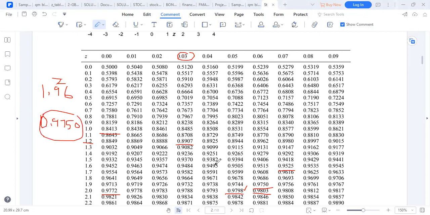But if I ask you the opposite, give me the z for this probability, you simply add 1.9 and 0.06, it will give you back the original. So whenever you're looking for figures inside, these ones are ascending in order. So you can literally look for the exact figure or the closest possible.